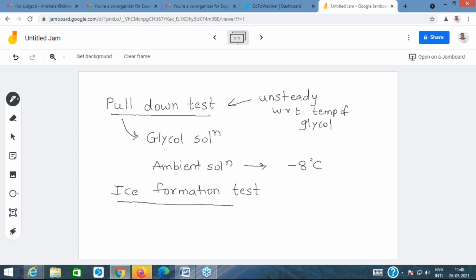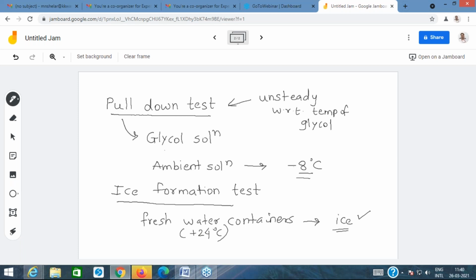The ice formation test would be started when the glycol reaches a negative temperature, let us say -8 degrees centigrade. In the ice formation test, we would be loading the fresh water cubicles, the fresh water containers, which are at ambient temperature, some plus, let us say plus 24 degrees centigrade or whatever it is, up to the point where the ice formation happens, and once the ice is formed, you remove the containers, that is called unloading, and then again you put in fresh containers.